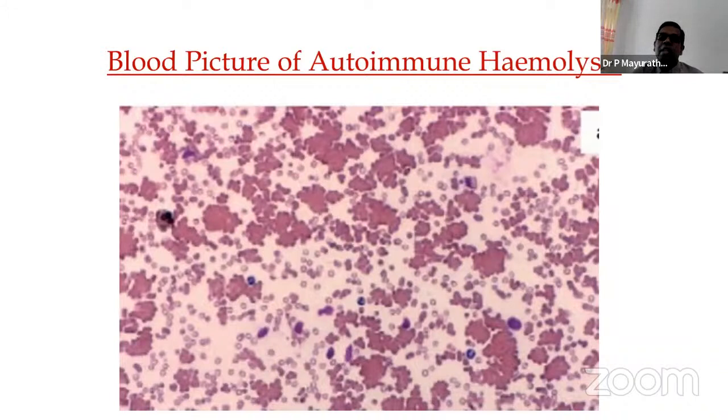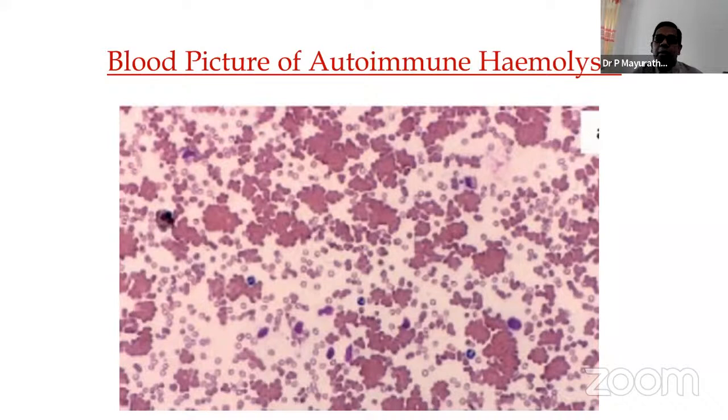So the history and examination are very important. Then only the lab people may be thinking about this hemolysis, and we may have to send this Coombs test. If it is positive and LDH and reticulocytes are high, then they may do special adjustments to see any evidence of hemolysis.